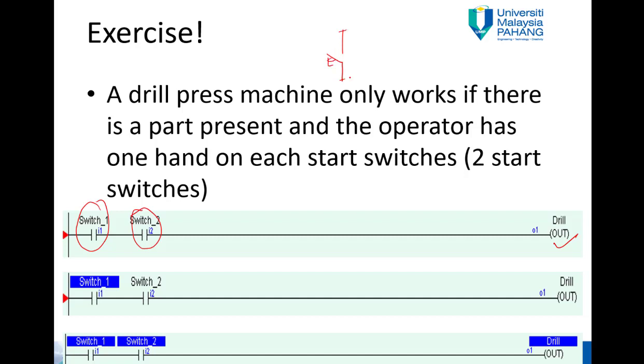Later on when we conduct the simulation, we will look into detail that we cannot actuate the switch from the ladder diagram. We must control it from the electrical diagram instead of from the ladder diagram. Okay, that's all for this lesson. Thank you.